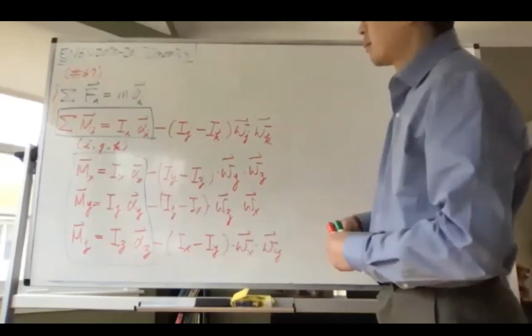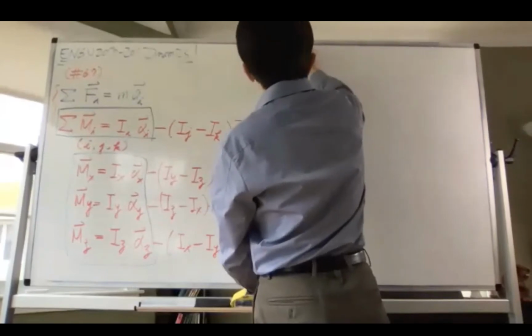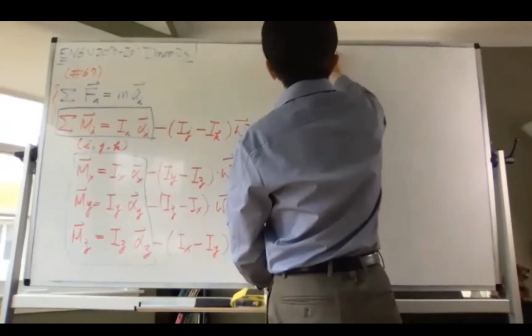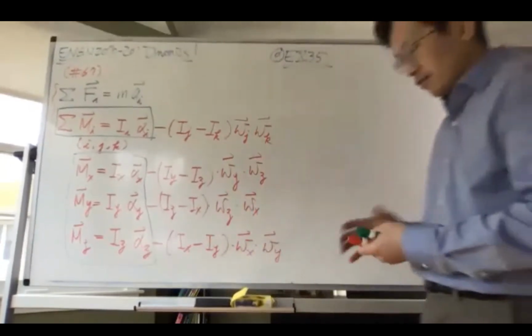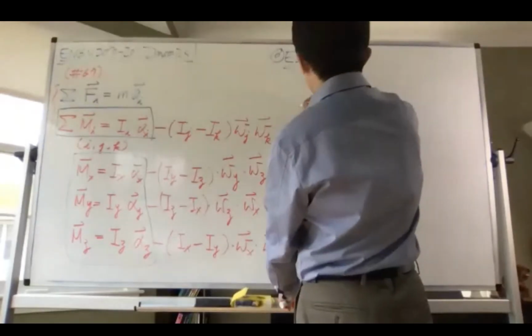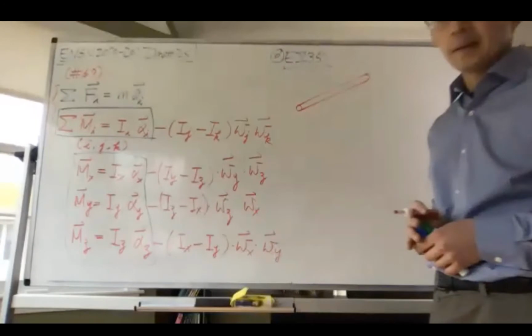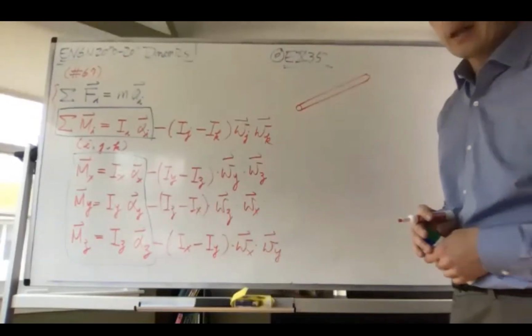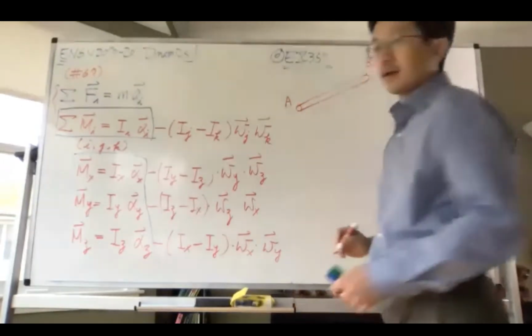This will be example 35. Suppose you have a bar. Now this bar is a three-dimensional bar. It looks like this, and the bar is defined by two points: point A here, point B here.